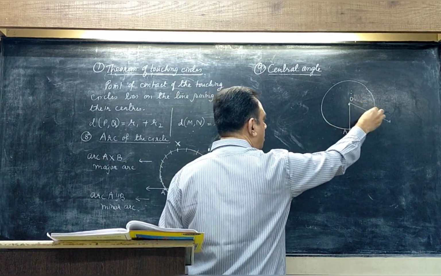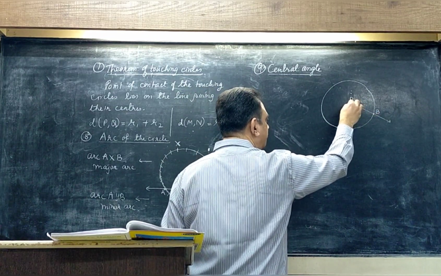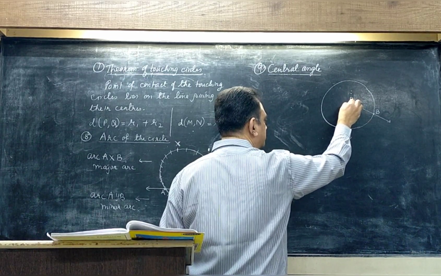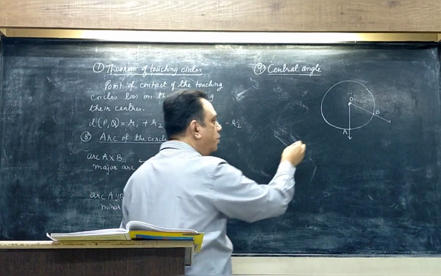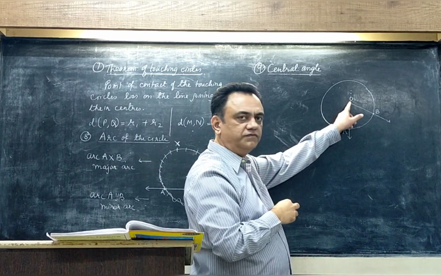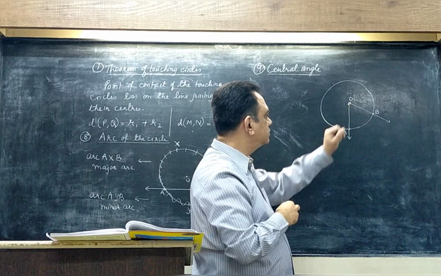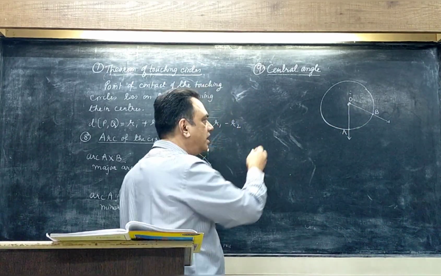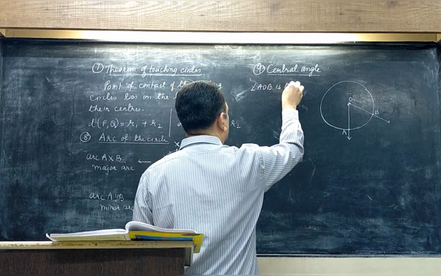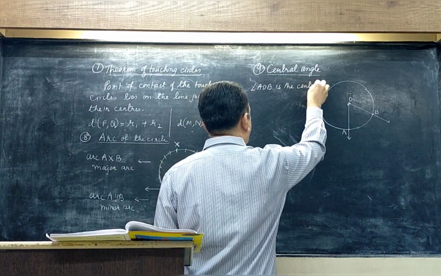Angle AOB, the vertex of the angle lies on the center of the circle. When the vertex of the angle lies on the center of the circle, then it is called a central angle. Angle AOB is the central angle.